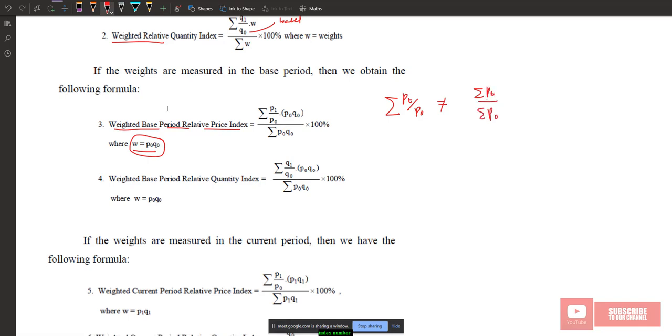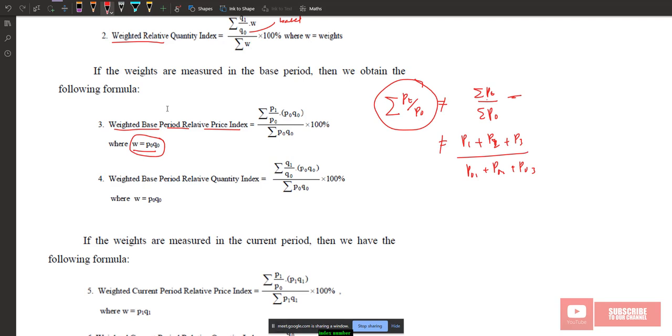It's not equal to this formula, right? So you can't do it. It's also not equal to P1 plus P2 plus P3 divided by P01 plus P02 plus P03. So it's not the same, right?